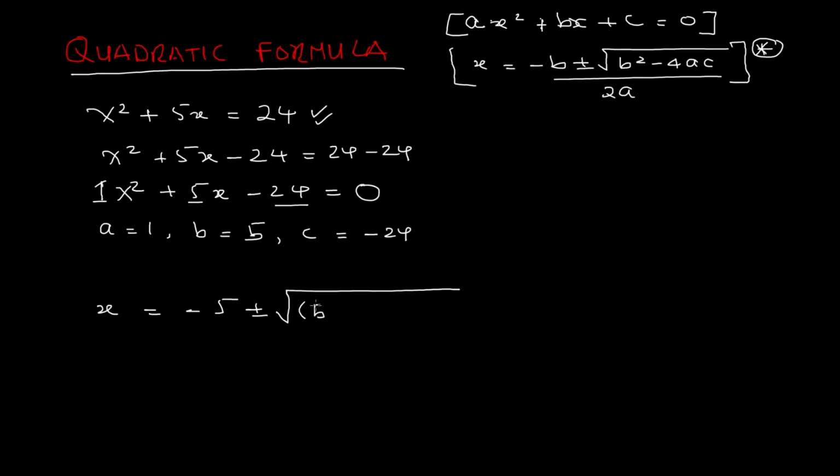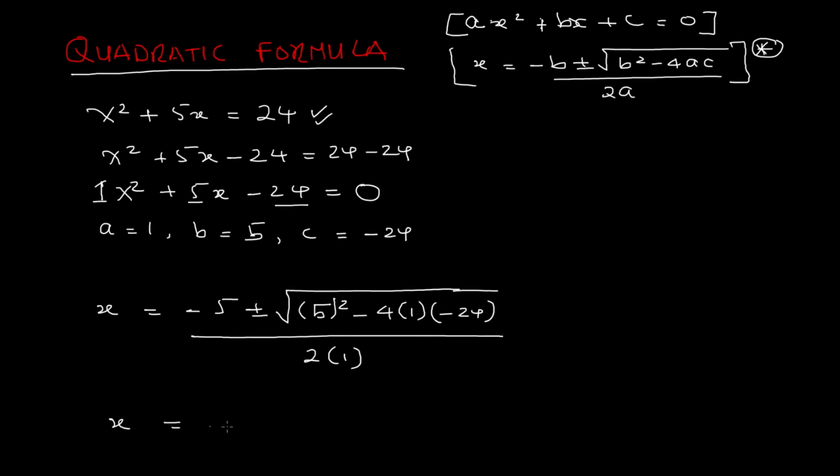Then again, our 5 repeats. So it's going to be 5 squared minus 4. Our A is 1. And then our C is minus 24. Then this whole statement we divide by 2A. A is 1. So we continue. This will give us minus 5.